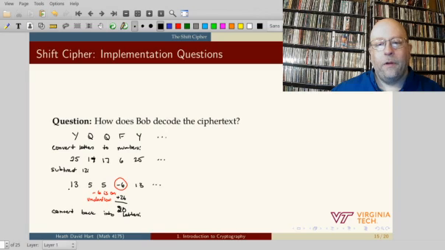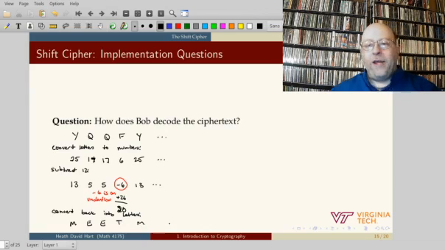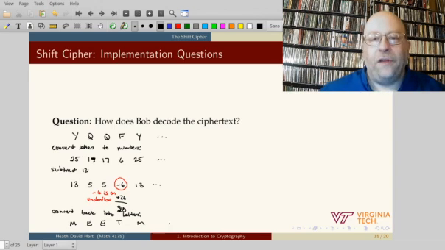So 13 becomes M, 5 becomes E, 5 becomes E, 20 becomes T, and there's the first word, and then there's the beginning of the second word. So Bob decodes the ciphertext by reversing the steps that Alice did: subtract 12 instead of add 12, and then correct any underflows that he obtains. Okay?